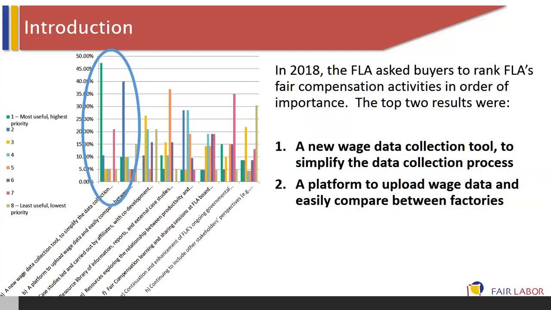In fact, we still use that tool with all of our SCI assessments. And that tool involves a methodology that includes taking a random sample of workers within any given facility in order to get a very good, rigorous, in-depth idea of what wages look like at that particular facility.